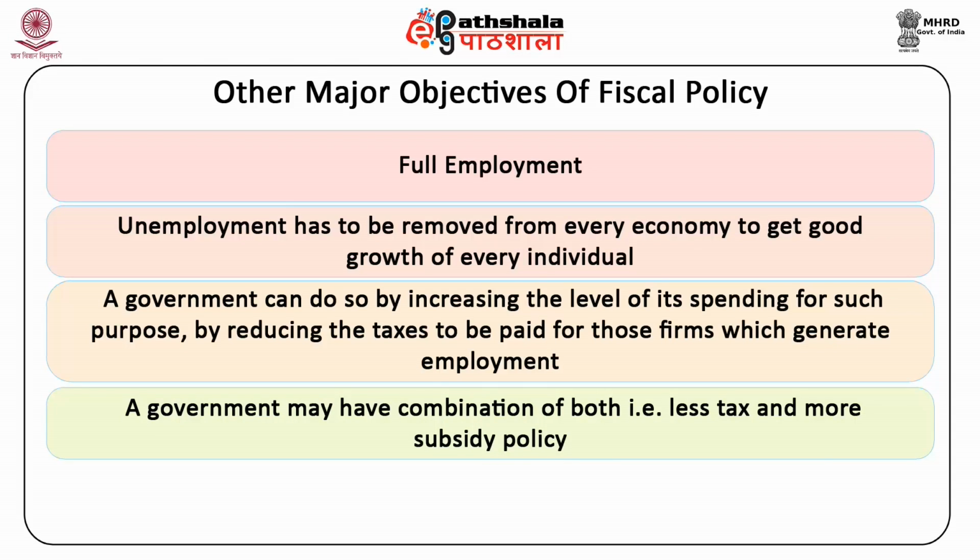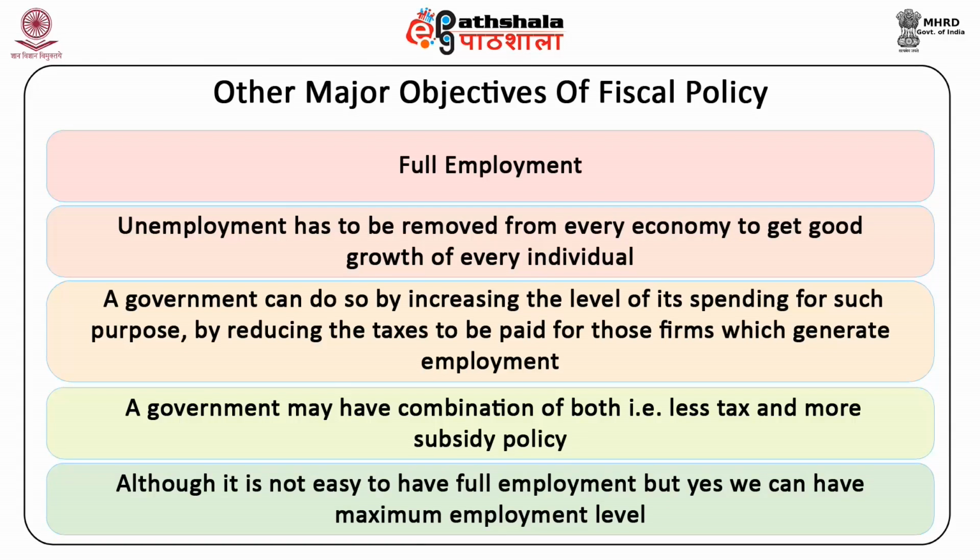A government may have a combination of both, that is, less tax and more subsidy policy. Although it is not easy to have full employment, yes, we can have a maximum employment level.